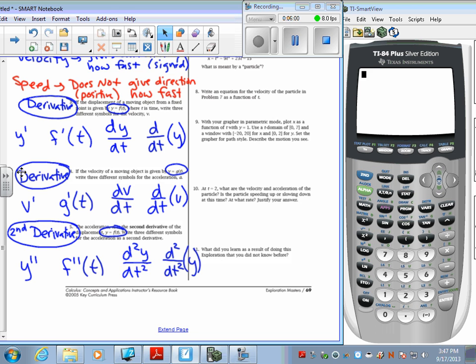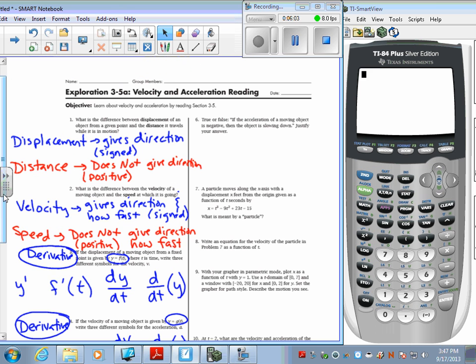Moving on to number 6. True or false? If the acceleration of a moving object is negative, then the object is slowing down. Justify your answer. So let's think about this as if we were in a car.